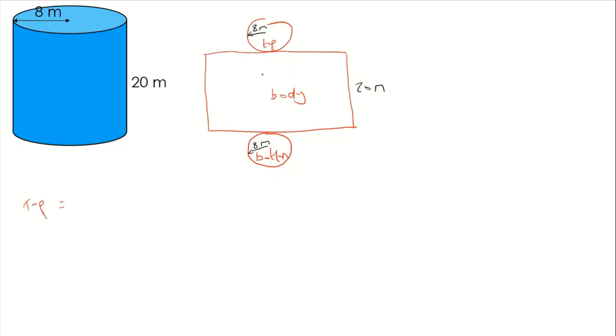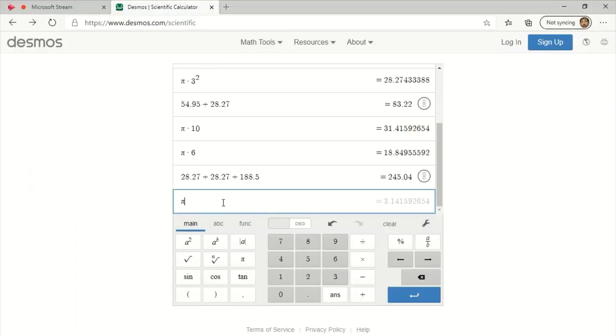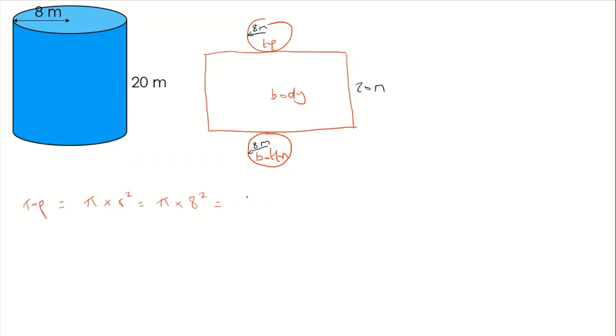Remember, it's a circle, so it's pi times radius squared. The radius is halfway across, so the radius is 8. So it's pi times 8 squared, which gives me 201.06.